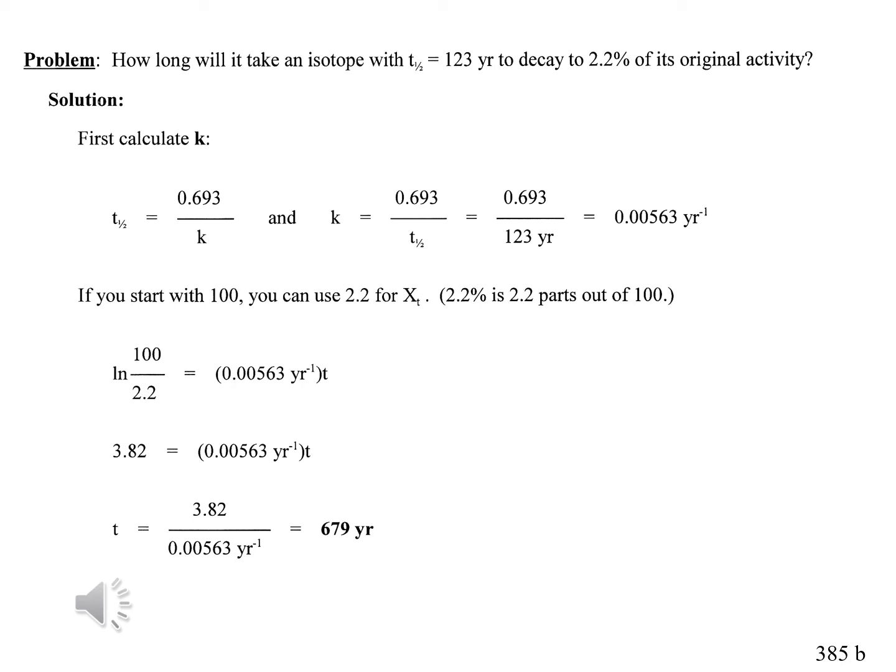That is a big problem because how long is 679 years compared to a human lifetime? It is basically forever. And so as long as you generate this waste, it's going to be around basically forever. You have to somehow just sequester it from the human population so that there's not going to be exposure to people of the radioactive waste.